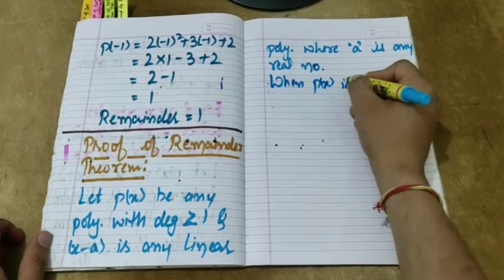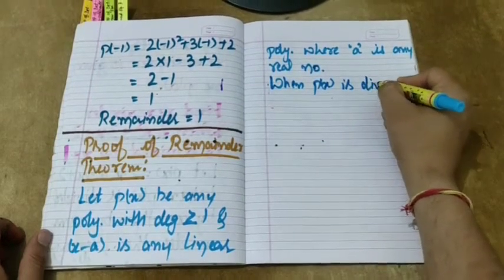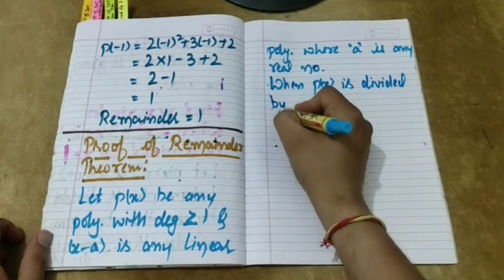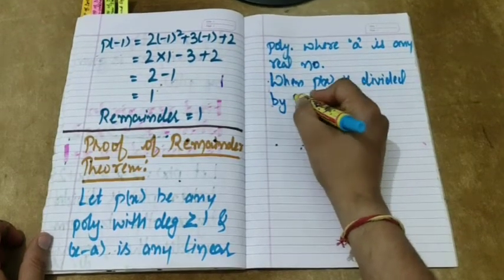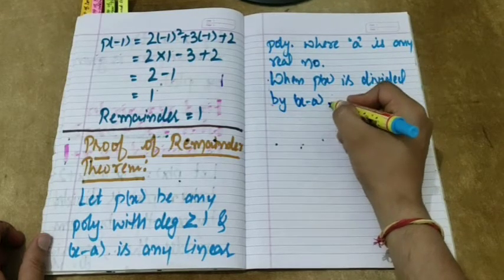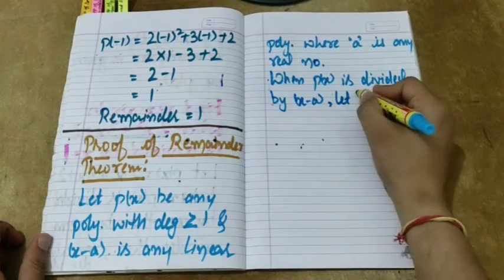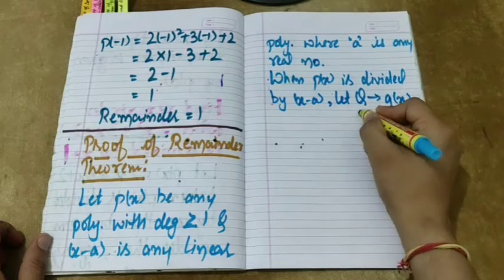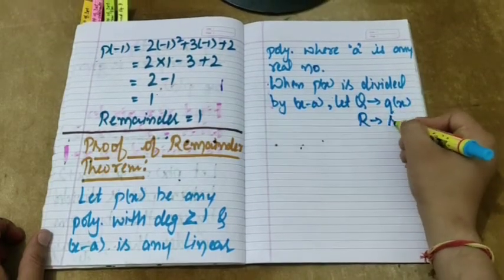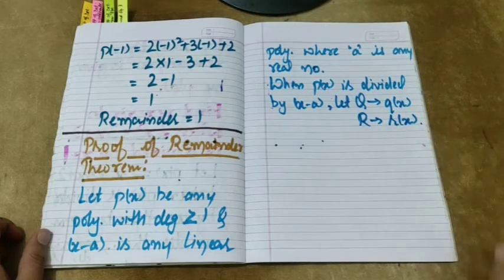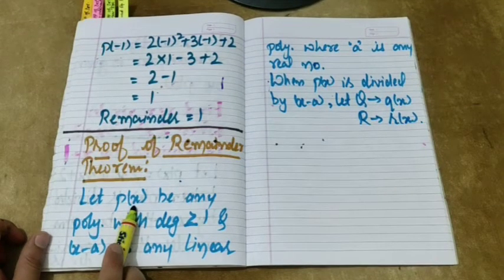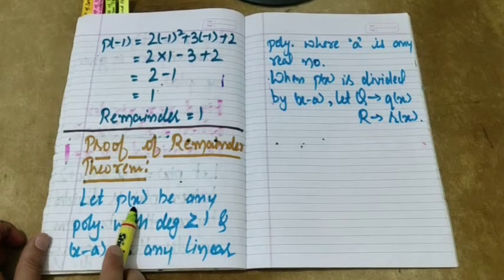So let us suppose that when p x is divided by x minus a, the quotient is q of x and the remainder is r of x. Since the polynomial is in terms of x, this is a polynomial in one variable which is x.